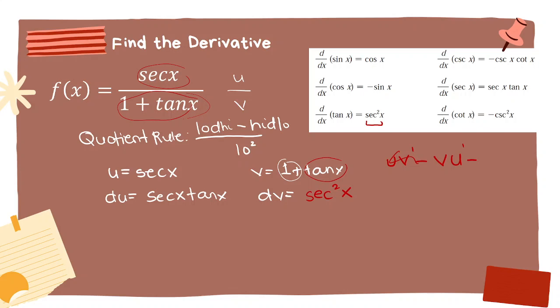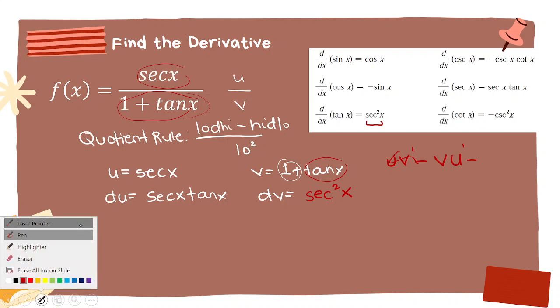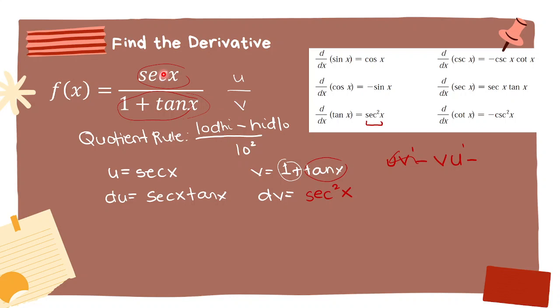D high, derivative ng high, etong sec x. I-derive natin yung taas, minus high, copy yung taas, over derivative naman daw ng baba, d low. Over, copy mo si low, which is 1 plus tan x, i-square lang. So, yun yung quotient rule na tinatawag. Naintindihan?